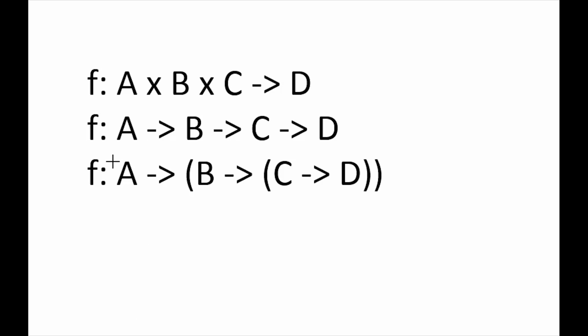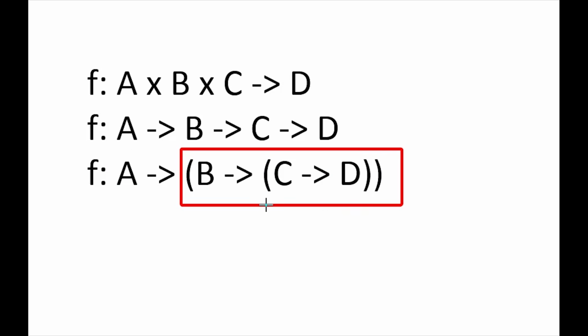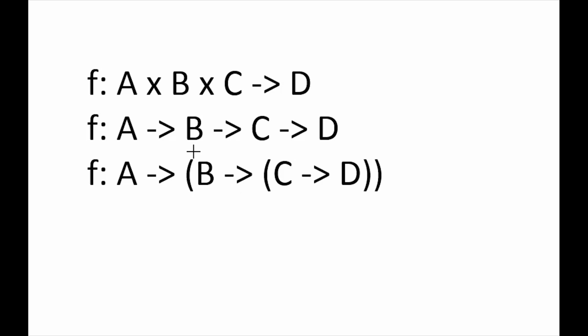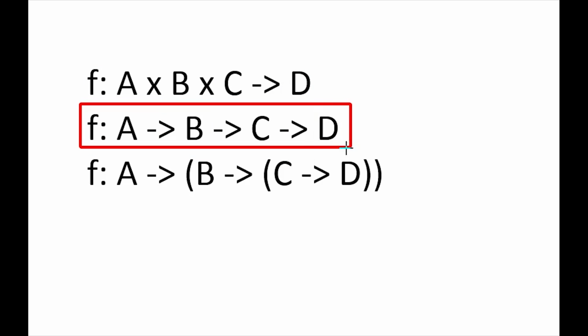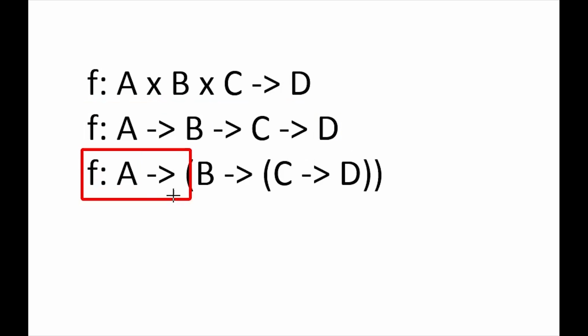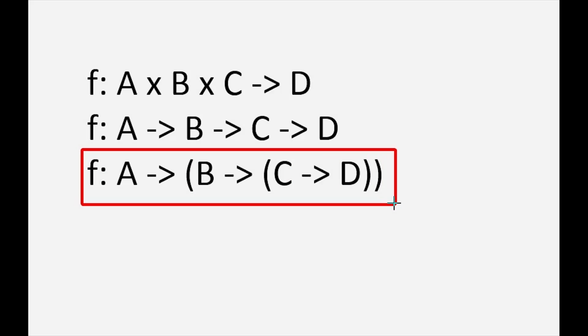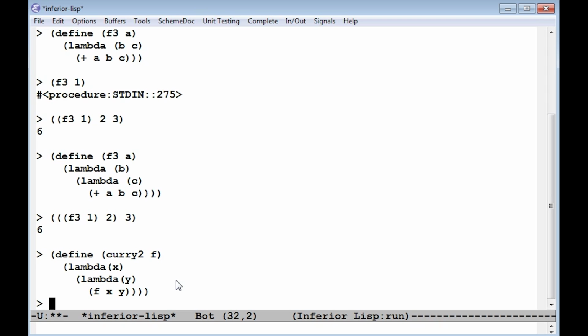So when we have supplied the first parameter a, we get a function of this signature, which when we have supplied the parameter b, we get this signature, and finally when we have supplied c, we can obtain a value in the type D. So currying brings us from this signature to this signature, which is the equivalent of this signature.